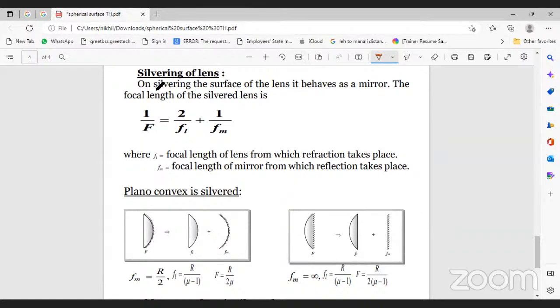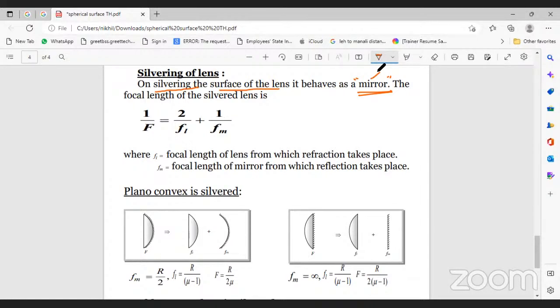If you silver the surface of a lens, it will behave like what? Mirror. If you silver one surface of the lens, then that surface will behave like a mirror. It's a plane mirror, sir. Yes. So the reflection will take place instead of refraction.